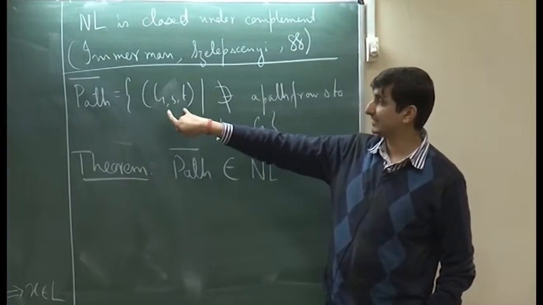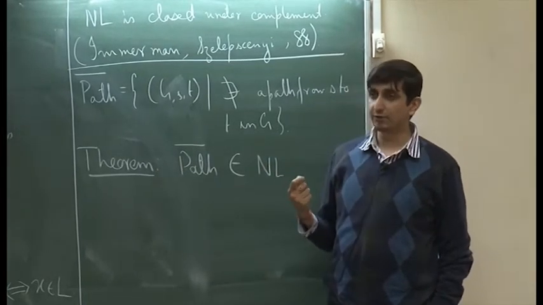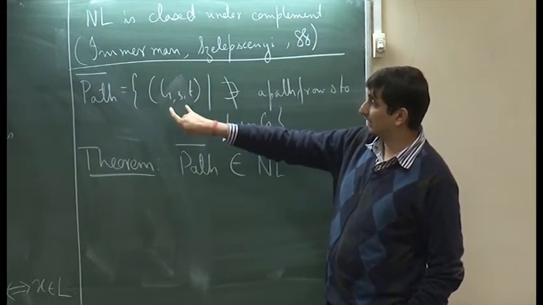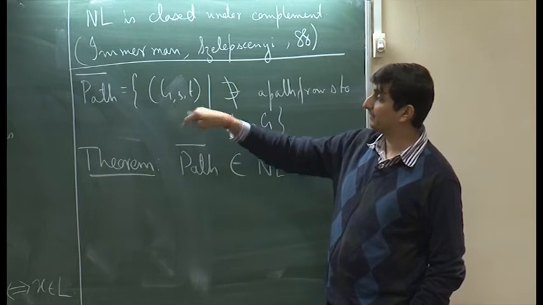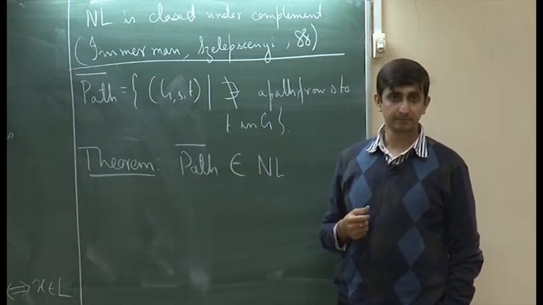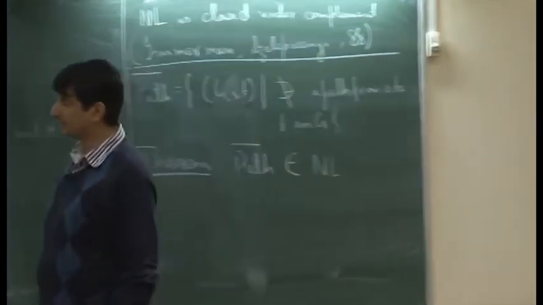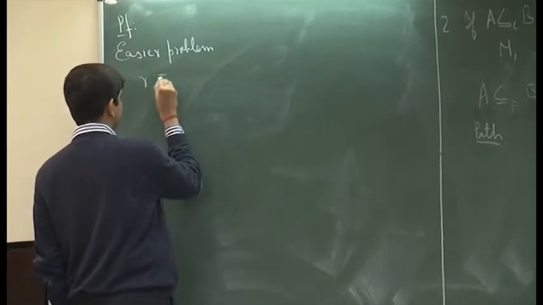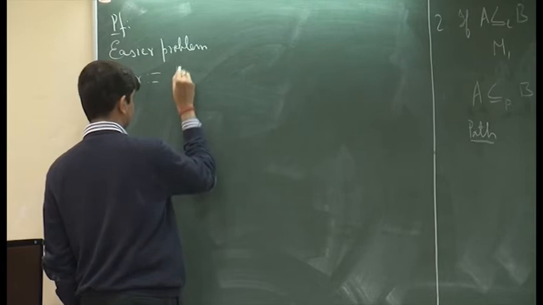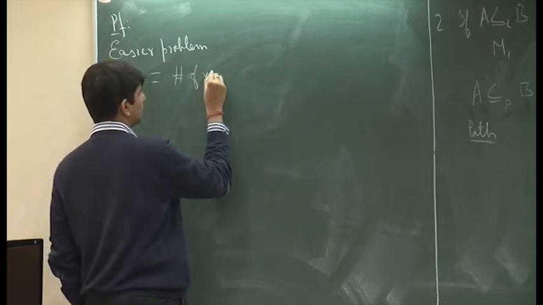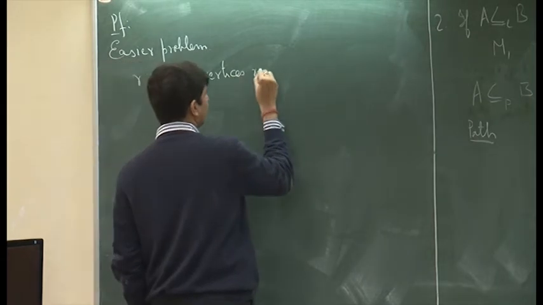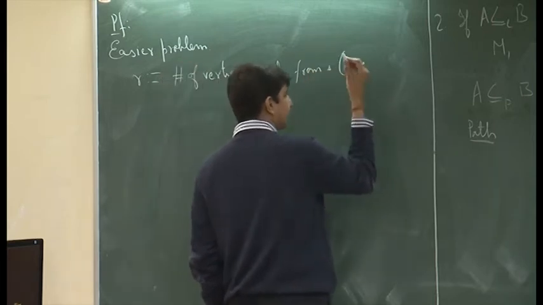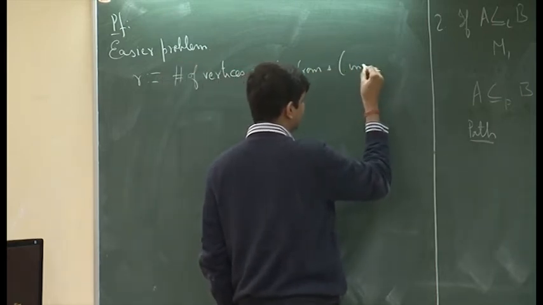Together with the input G, S and T, he also provides you a number R, which is the number of all vertices that are reachable from S, including S. Suppose you are given this number R, defined as the number of vertices reachable from S, of course including S, because S is trivially reachable from itself.